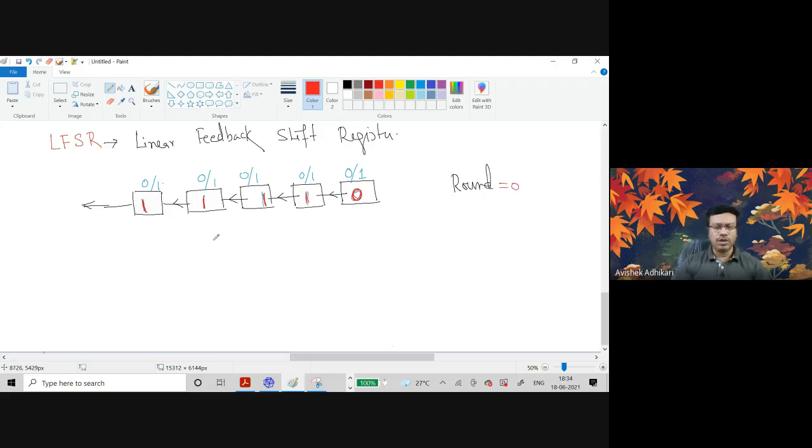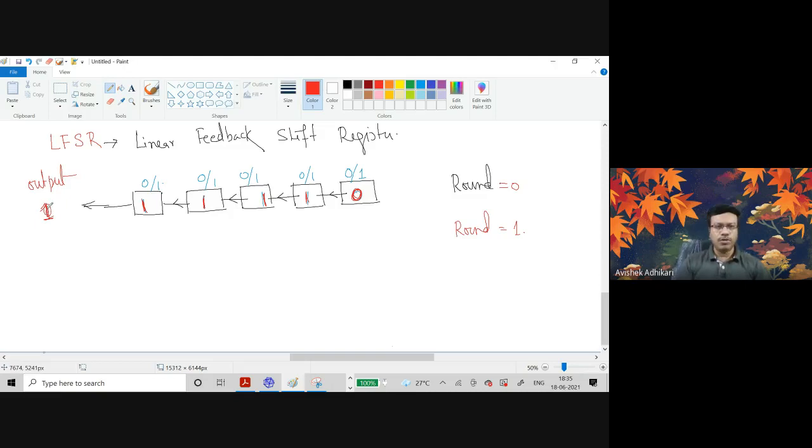So what will happen? In round 1, it will shift each of them to the left, and whatever was there at the first box will come out as an output. So 1 will come out as an output. So this is my output.